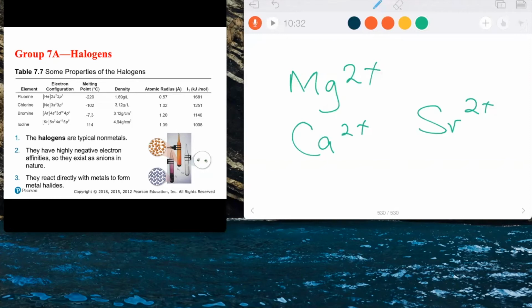They readily react with what? Metals to form metal halides. Group 7A react with metals to form metal halides. So what you need to take home from here is the general trend on their melting point as you go down the group.